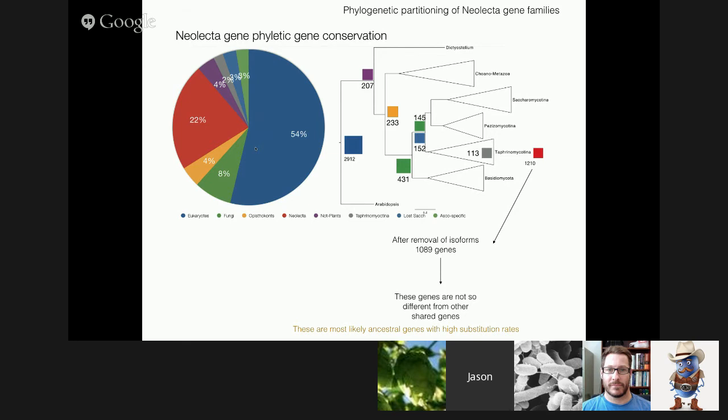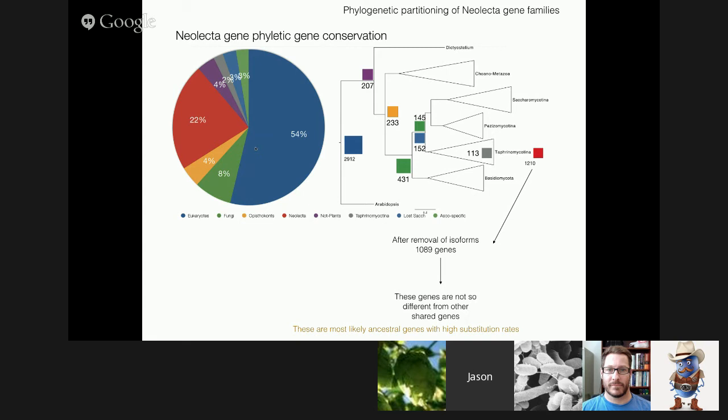Those are genes that are only found in Neolecta and not found in any other fungus. And so potentially, if some sort of adaptation and novelty occurred to allow Neolecta to support this multicellular growth, maybe some of these genes are important in that process. And so that's what we can find.